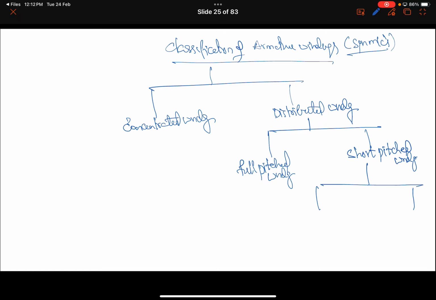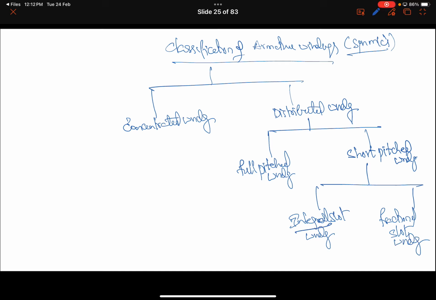No, it's short pitch winding. Again, it is slots per pole: integral slot winding, and the next one is fractional slot winding.